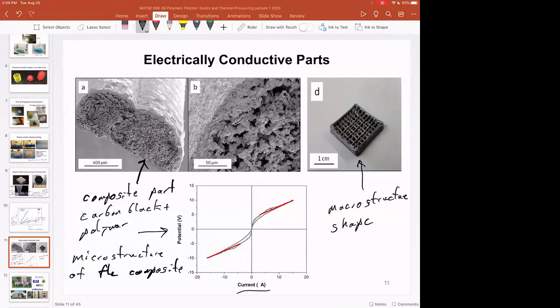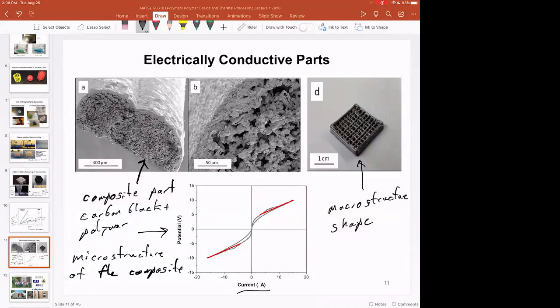We are going to talk about the shape because the process that we pick, whether it's direct ink writing or fused filament fabrication or stereolithography, determines our shape fidelity and the types of shapes that we can make. And the printing process really dictates the types of materials we can use.